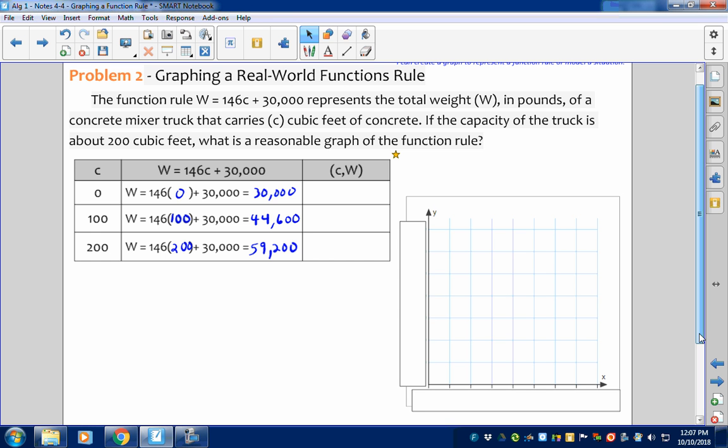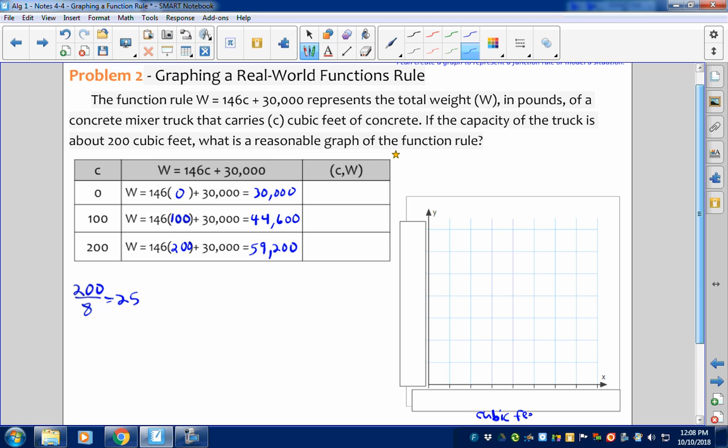There's 9 of these little tick marks. If we start at 0, there's 8 spaces in here. So if I take the 200 and I divide it by 8, I get 25. That's probably a good increment to put on the bottom, is go by 25. Remember the C represents cubic feet. So we have cubic feet down here.